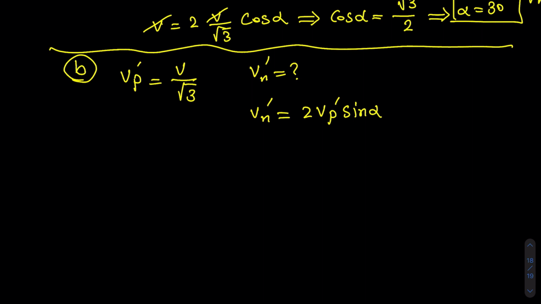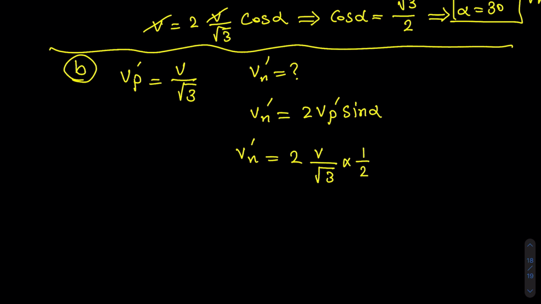Then Vn prime, the velocity of nucleus after collision, is equal to 2 times V divided by square root of 3 times sine alpha, where alpha is 30 degrees and sine alpha is 1 over 2, right?